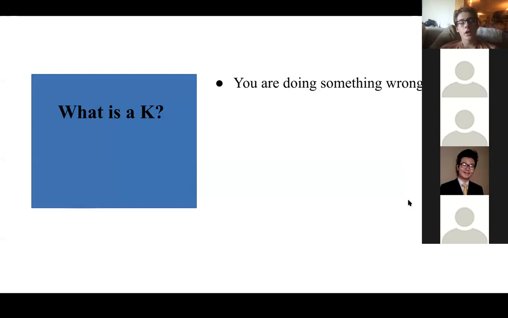The first way is that you are doing something wrong, right? That means the debater has done some conduct that represents the link into the critique. For example, you use the phrase "you guys" against a team that involved someone who is not a guy.